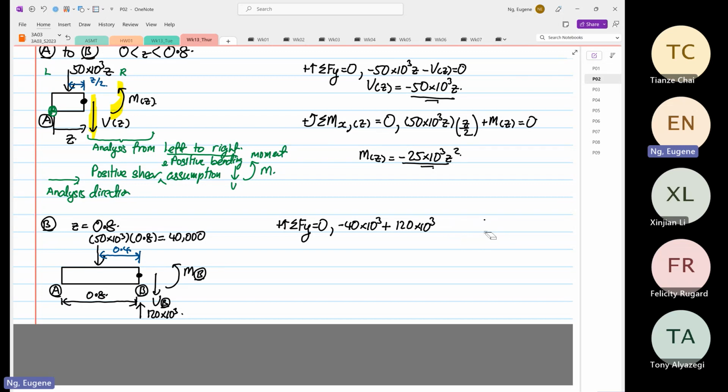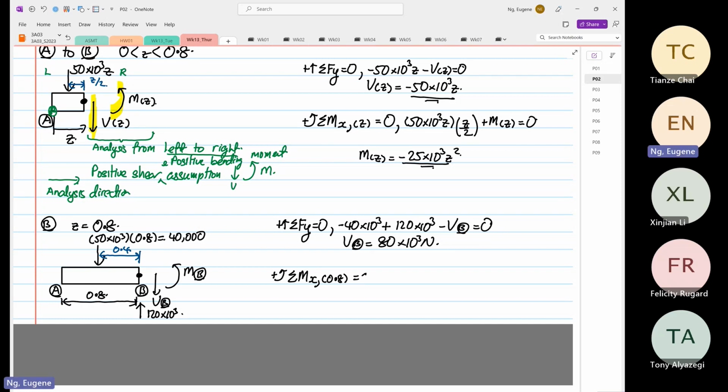I missed another equation. So minus V at point B is equal to 0. So V at point B is equal to 80 times 10 to the power 3 Newton. Again, we do summation of moment about the x direction, and the distance is 0.8.